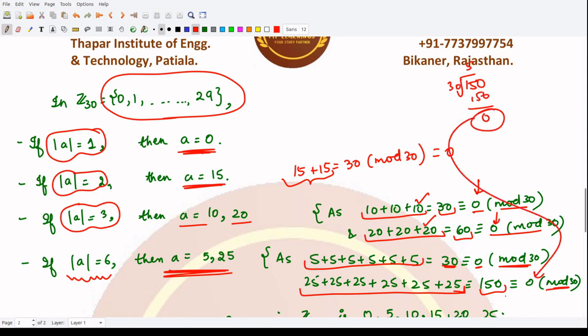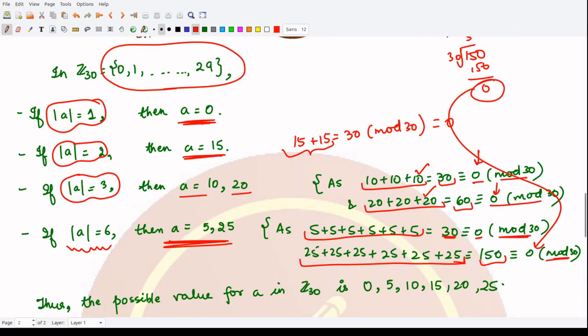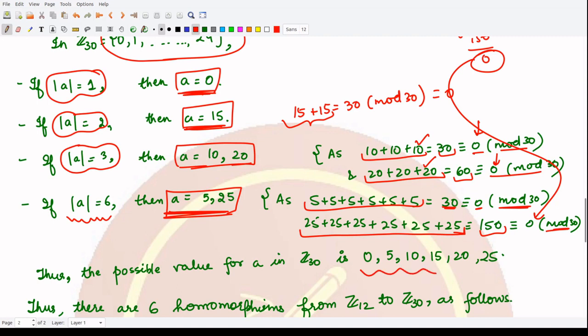Hence you obtain the identity in this particular case, and for no other value lower than 6 do you get 0. Hence 6 is the order. Therefore we have obtained 6 numbers here such that their orders are either 1, 2, 3 or 6. So these are the 6 possible values of A.